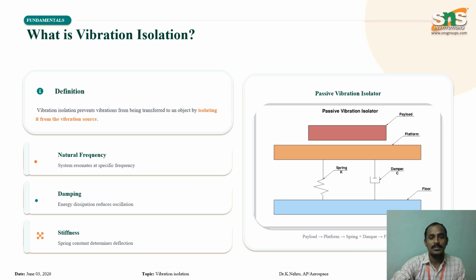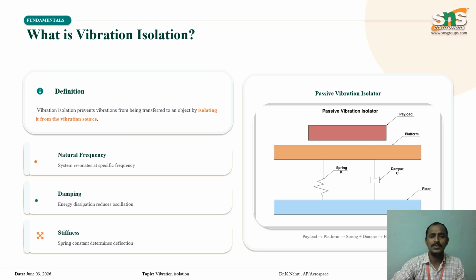Three important concepts determine the effectiveness of an isolator system. First is natural frequency. Every mechanical system has its own natural frequency. If the external vibration matches this frequency, resonance occurs, which produces large amplification and large vibration. Second, damping. Damping dissipates vibration energy.